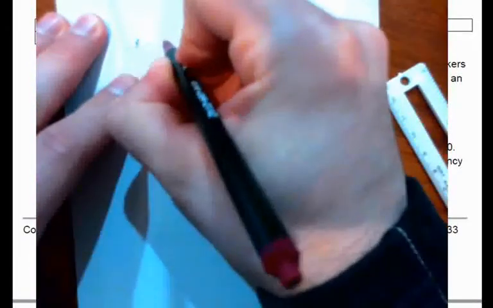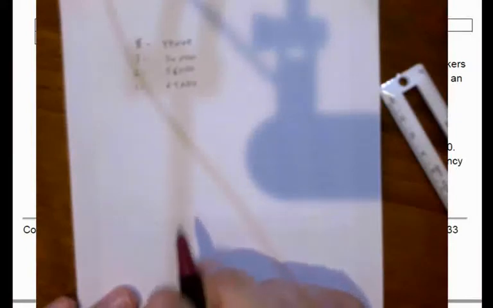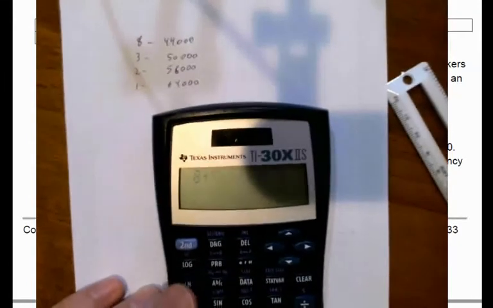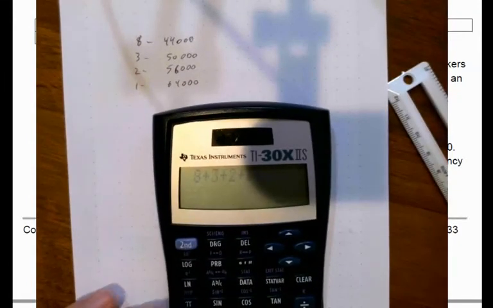We have 8 who get $44,000. We have 3 who get $50,000. We have 2 who get $56,000. And we have 1 who gets paid $64,000. So altogether, we have 8 plus 3 plus 2 plus 1 employees. We have 14 who take a salary.